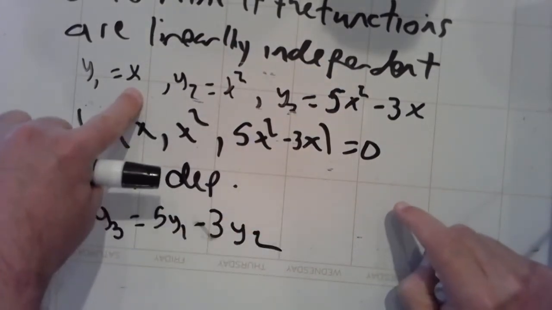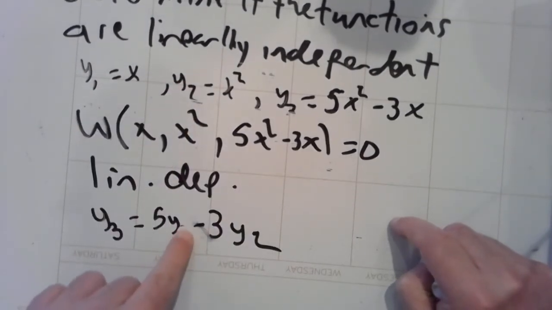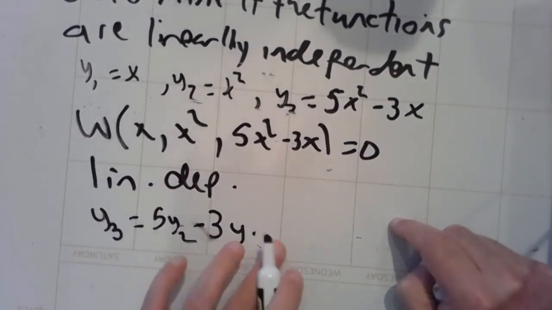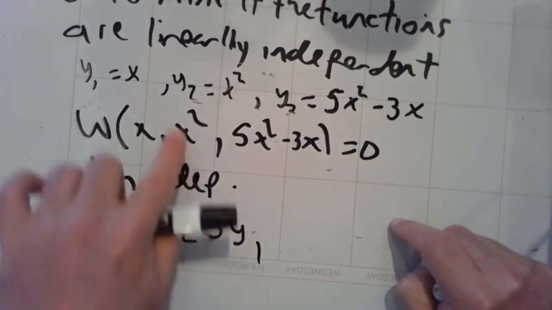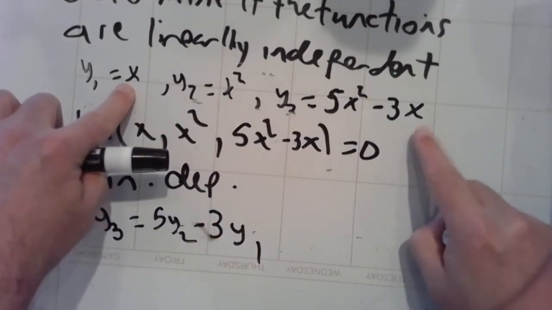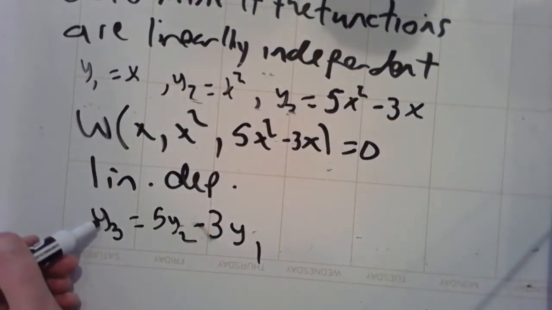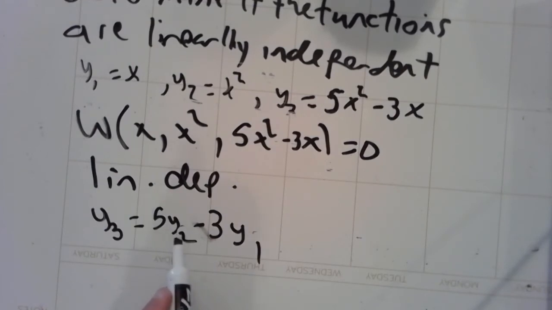If I take 5 times this one, oh, I lied. 5 y2s minus 3 y1s. 5 times this one minus 3 times that one, I get this one. So I can write one of them as a number times one plus a number times the other.